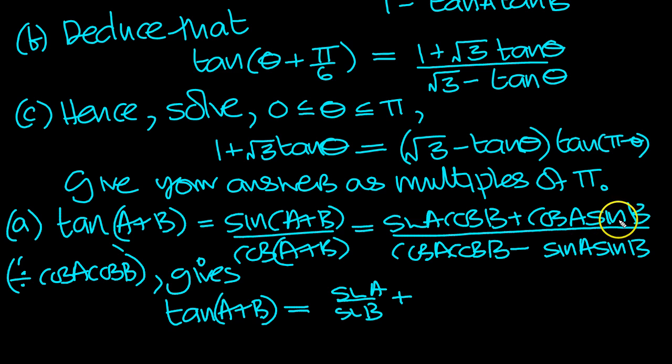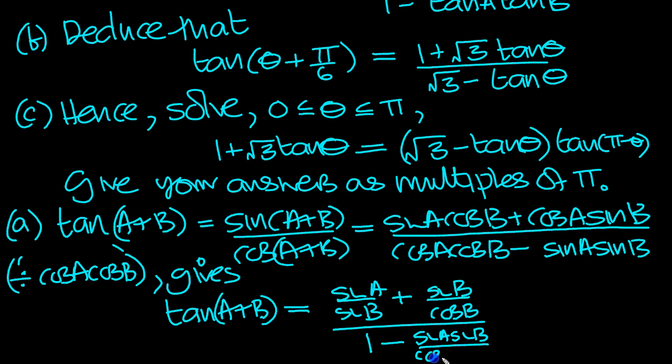Here the cos B's cancel and we get cos A, the cos A's cancel and we get sine B over cos B. Divided by 1 minus sine A sine B over cos A cos B. And we can clearly see that equals tan A.